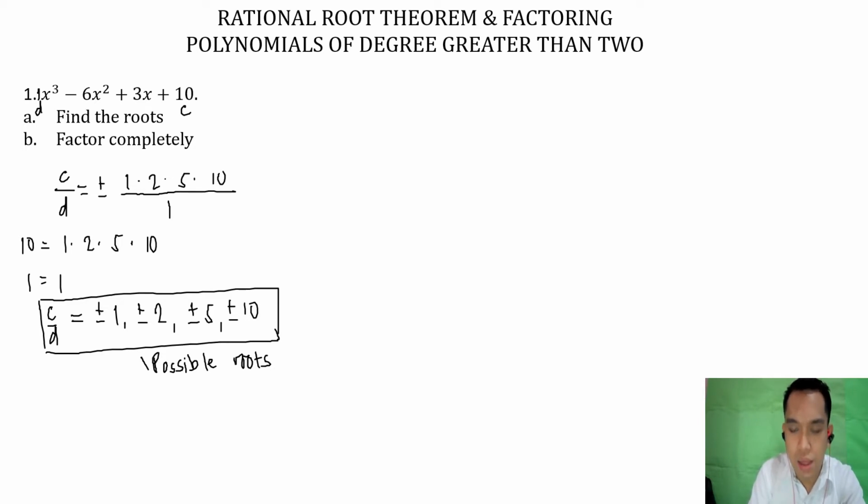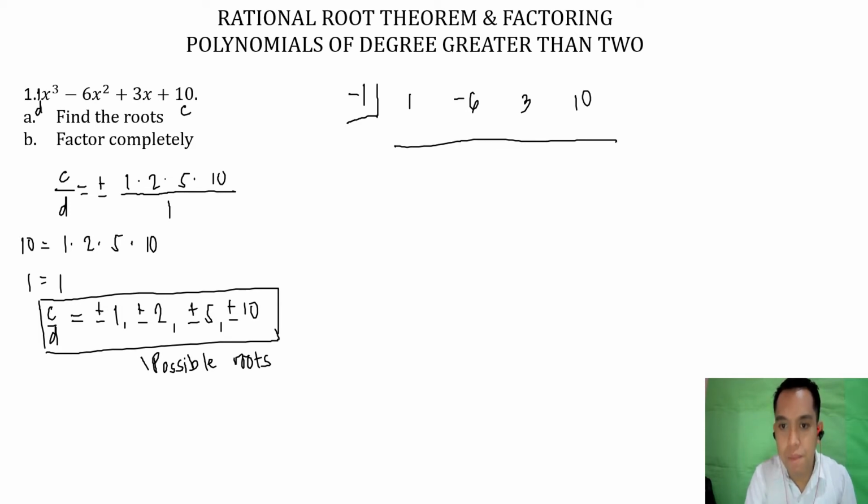So negative 1 is our divisor. So what I will use here is synthetic division. Then let's list down the numerical coefficients of our polynomial, which is 1, negative 6, positive 3, and positive 10. Then divide.